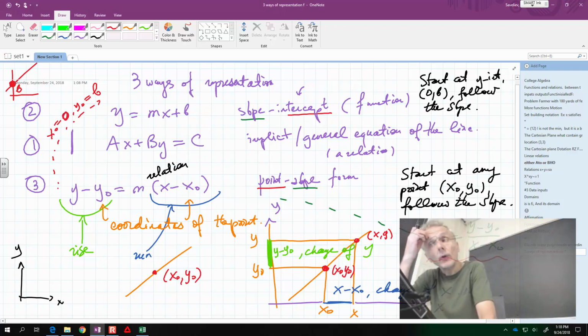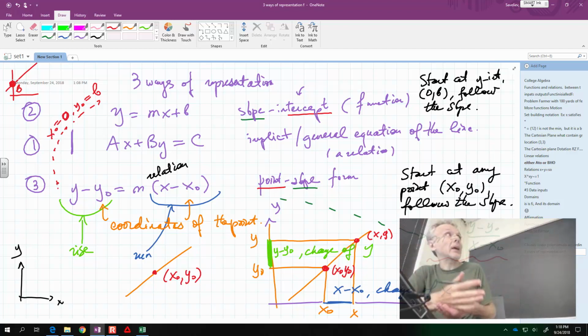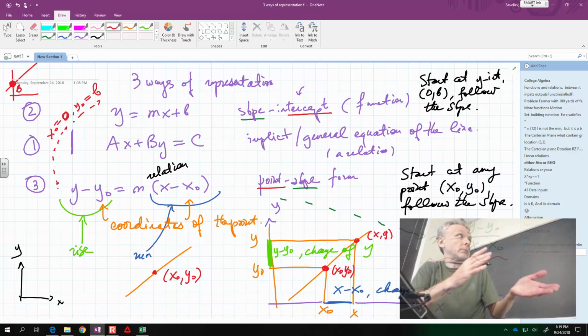So the formulas are interconnected. They technically look different, but it's the same equation. It's the same line. Ultimately, if you go through the algebra and move stuff around, you can transfer one into the other.